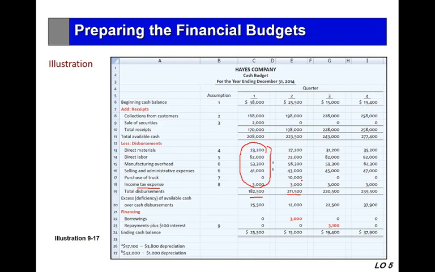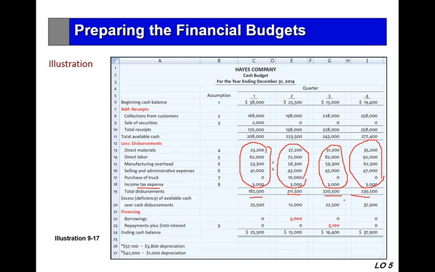For the second quarter, the total here is $211,500, and for the third quarter 220,500, and here 239,500 total for the fourth quarter.